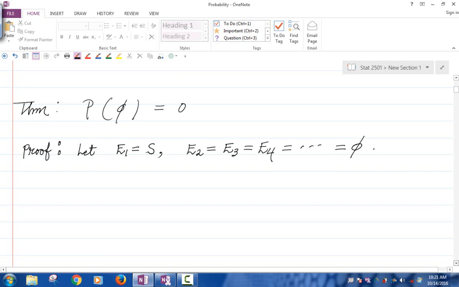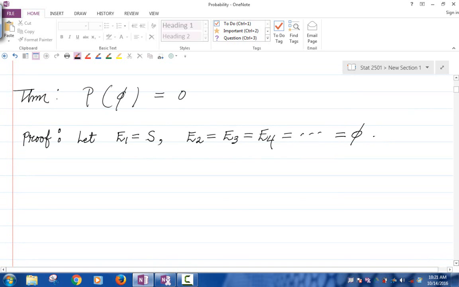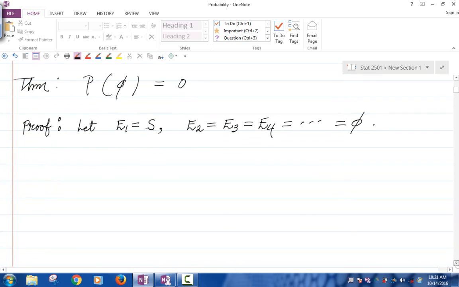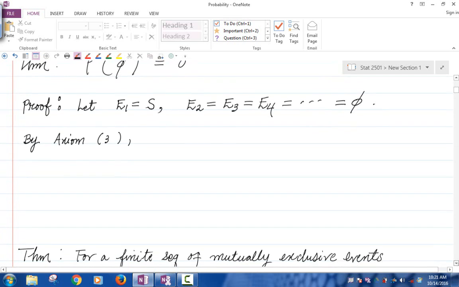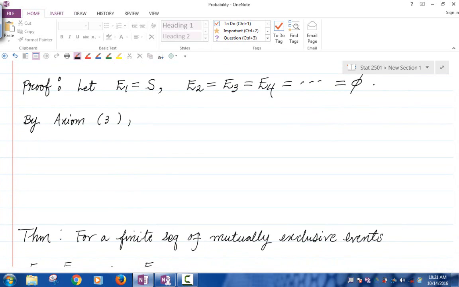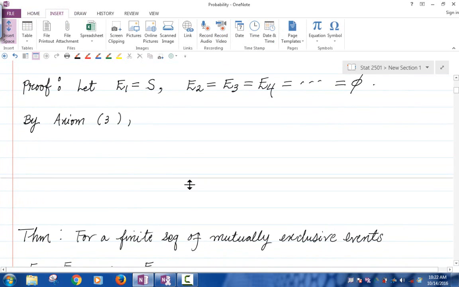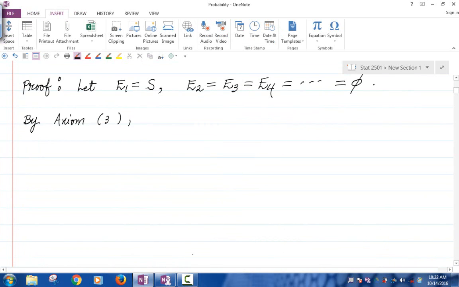So let's now apply the third assumption that we had. So by axiom 3, what can I say? Let me make some space here. I feel I'm going to need that.